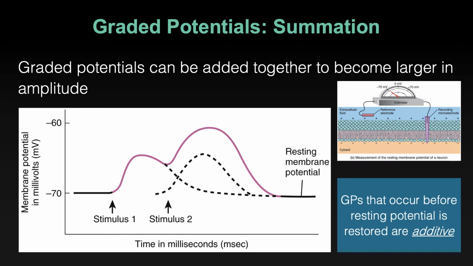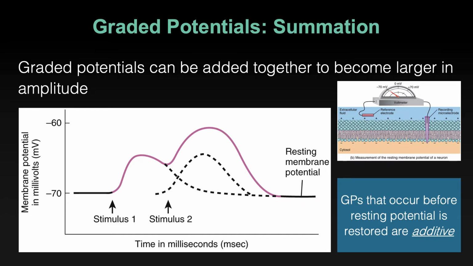Now we can start to see a way that we might ratchet up the activity of a neuron. If we sent a lot of graded potentials, we could raise the charge to a certain threshold. And that idea of threshold is really important, because we don't want our neurons firing randomly when we don't want them to.